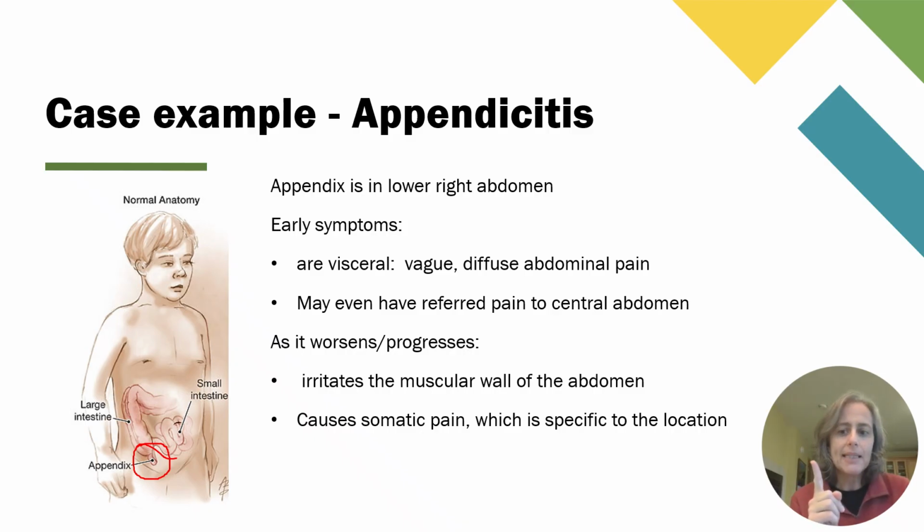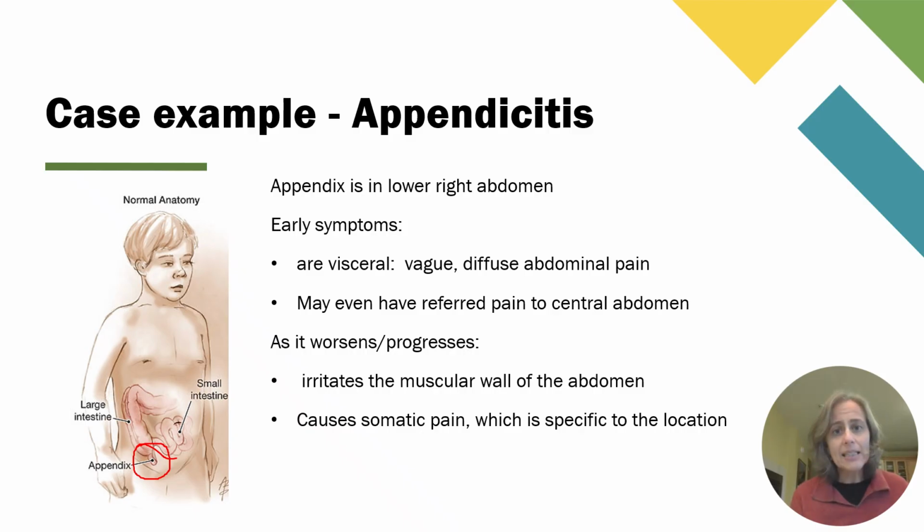But then what happens is, as the appendicitis gets worse and it gets more inflamed and it starts to irritate the structures around it, one of the structures that it irritates is the inside of your abdominal wall, your meat skeleton. So it's actually irritating the insides of those abdominal muscles that normally hold all your guts in. And those have somatic sensation, and so it's very specific.